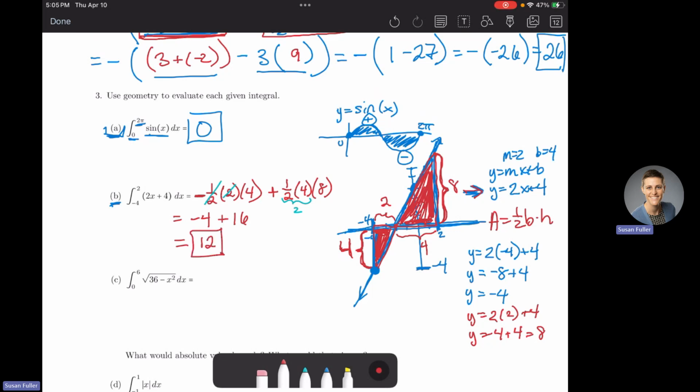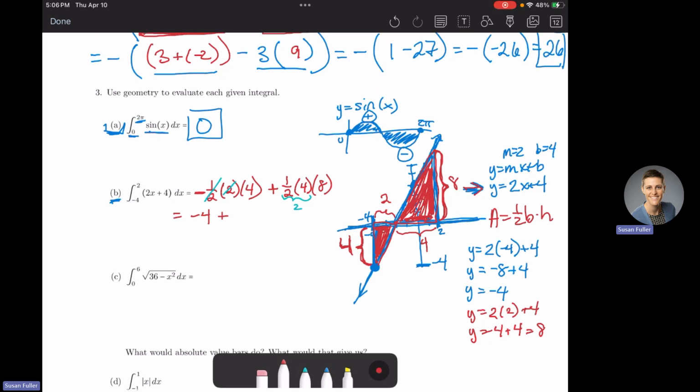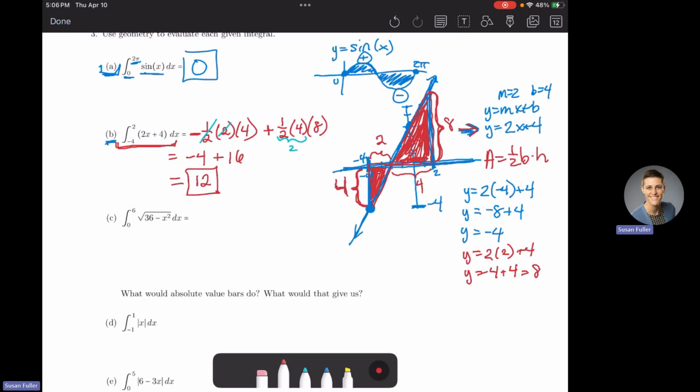That is going to be the net area or the signed area that comes out of this integral. Cool. So we're drawing pictures here and we are using geometry to help us with this.